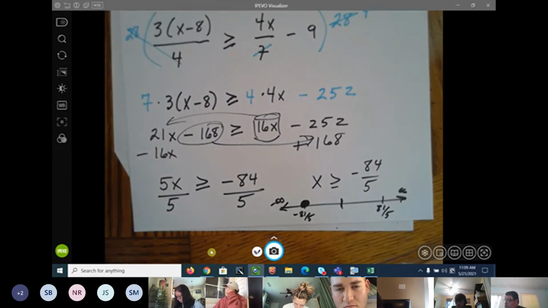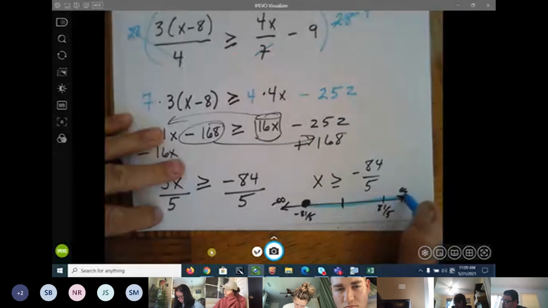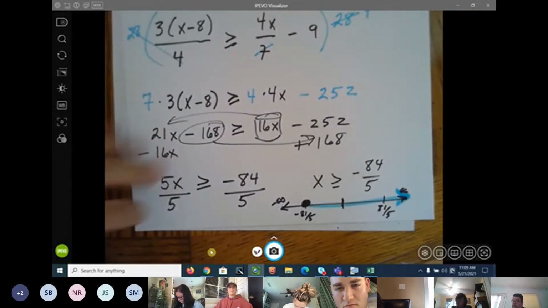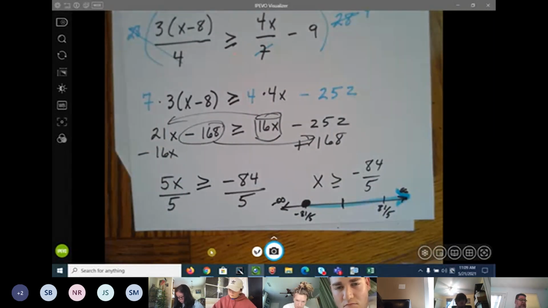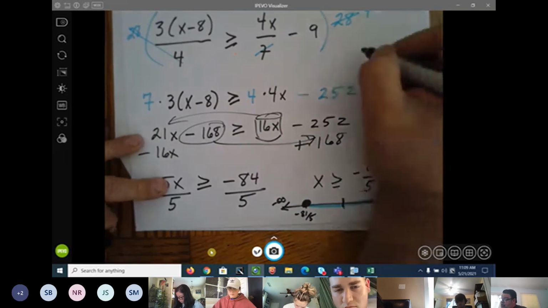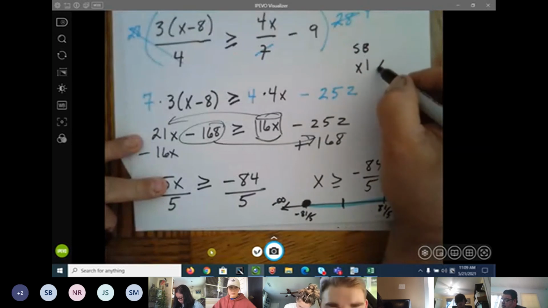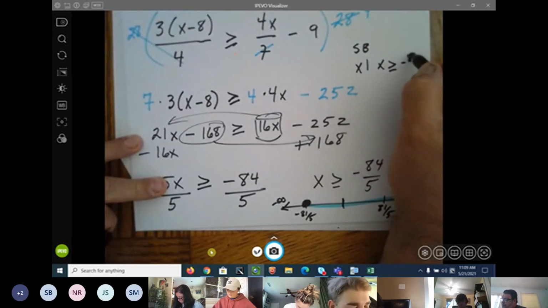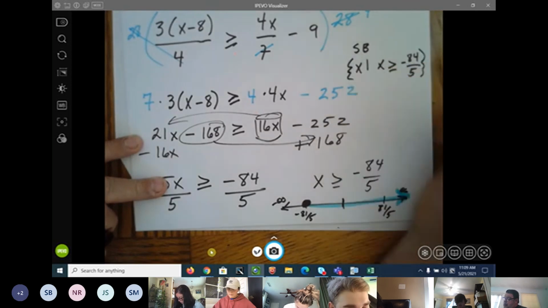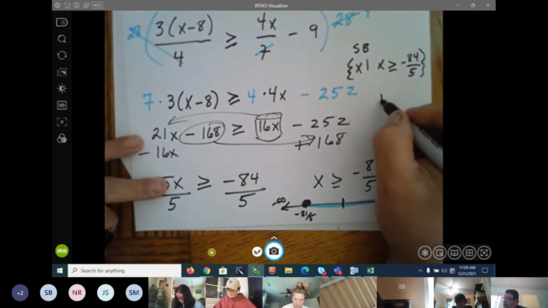Greater than is right. So if you had to write this in set builder notation, you just rewrite the answer. Set builder would be x such that x is greater than or equal to negative 84 fifths, and braces. And then interval notation.